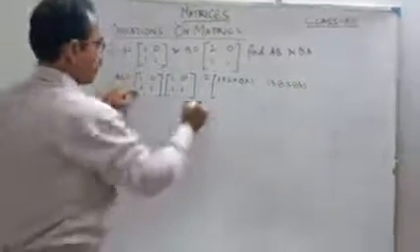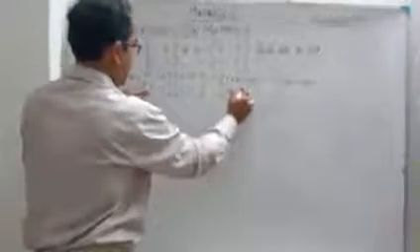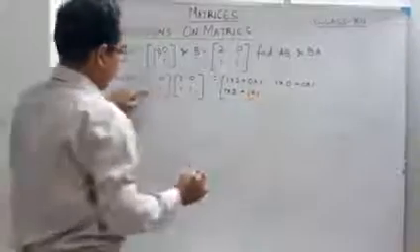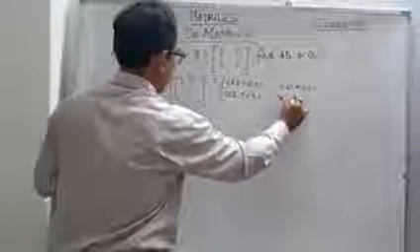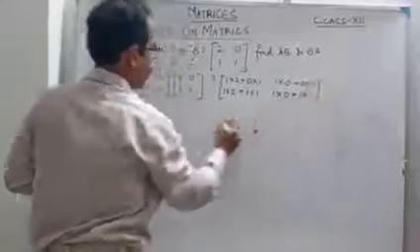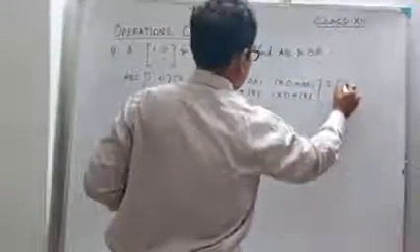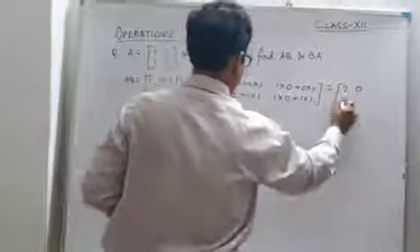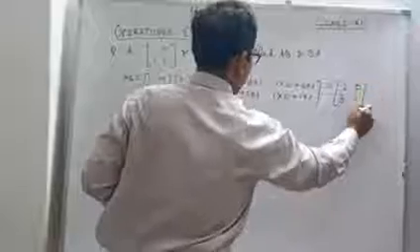Now second row, first column: 1 into 2 plus 1 into 1. Again 1 into 0 plus 1 into 1. So what we are getting here: 2, here 0, here 3, and here 1.